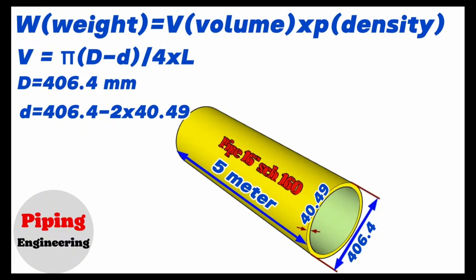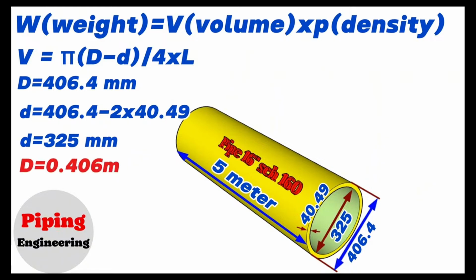So, we found that the inside diameter of the 16-inch Schedule 160 pipe in our example will be 325 mm. These dimensions should be converted to meters also. Then, the outside diameter of the 16-inch pipe in our example is 0.406 meters and the inside diameter is 0.325 meters. We also know that the length of the pipe is 5 meters.